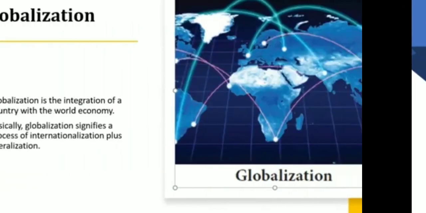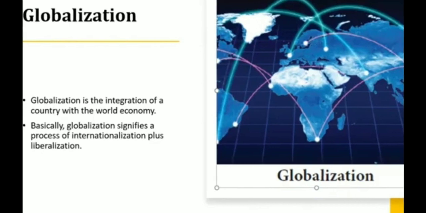Okay, next, globalization. You all know globalization means what? It is the connection of different parts of the world, isn't it? From this picture also you can clearly understand it is connected from one place to another place. For what purpose? For the expansion of international cultural, economic and political activities only.